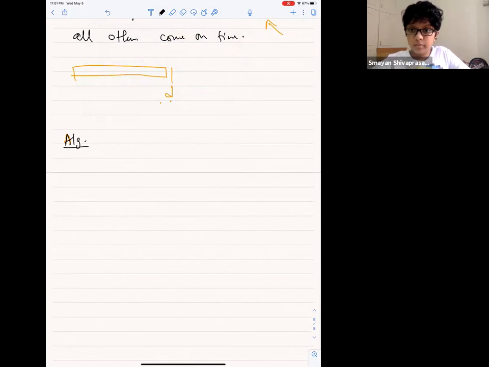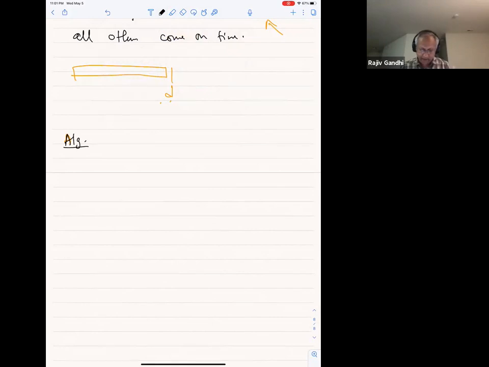So it is pretty amazing. You ignore the processing, you ignore everything. And what Siddharth and Smayan are saying is that process the jobs in the increasing order. I mean, if the deadlines are the same, then you break ties arbitrarily.